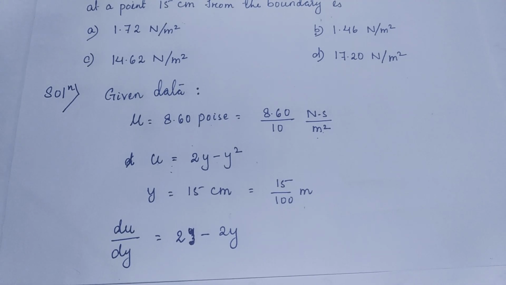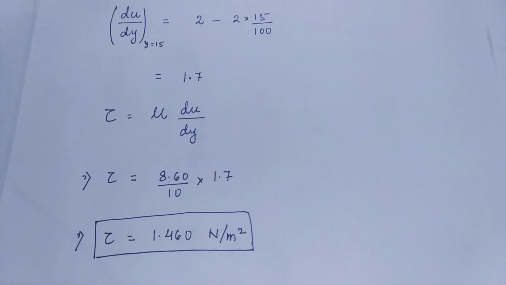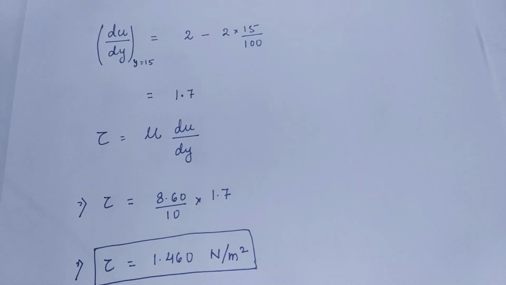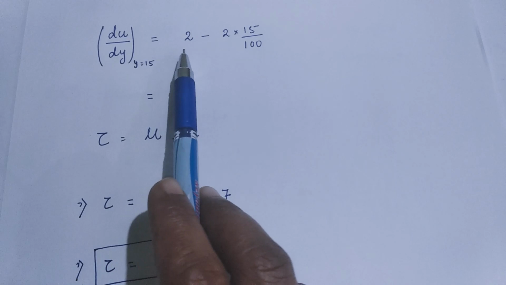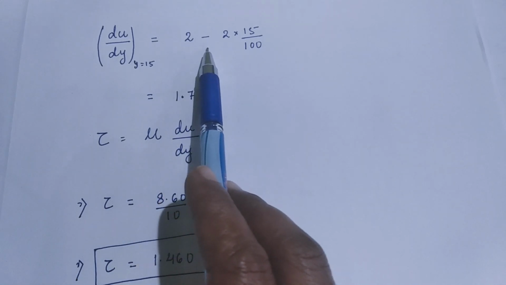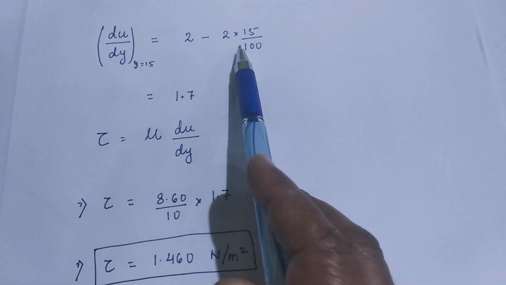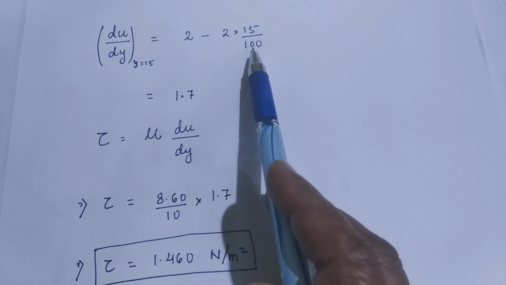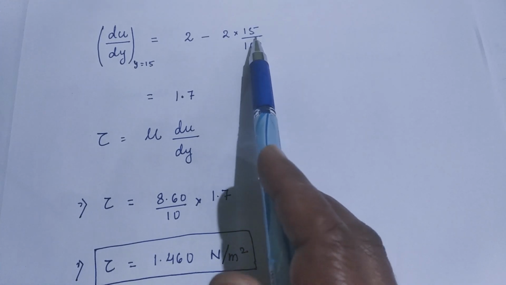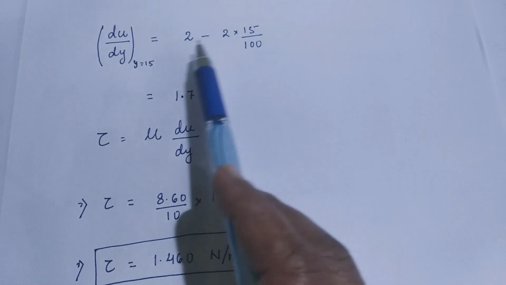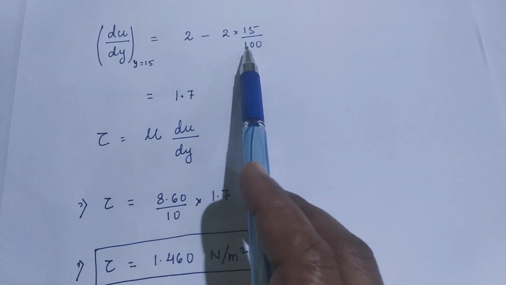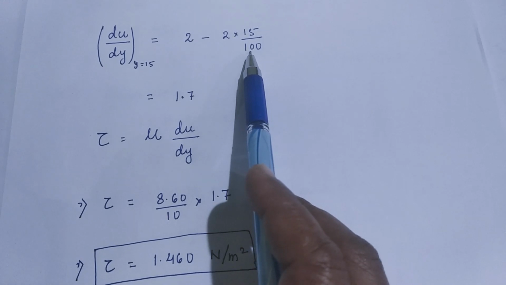So next we have to find out the magnitude of du by dy at y equal to 15, equal to 2 minus 2 into 15 by 100. So this 15 by 100 is what? That is the magnitude of y in SI unit, that is 15 by 100 meter.